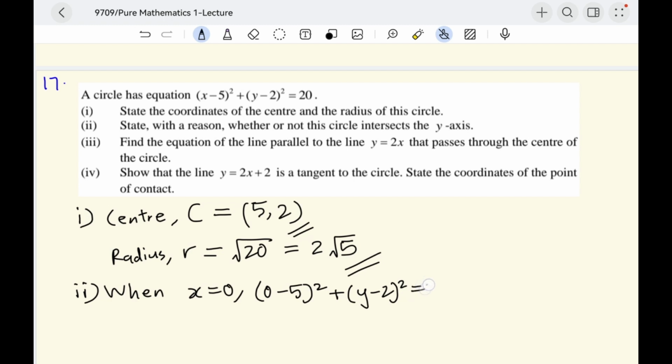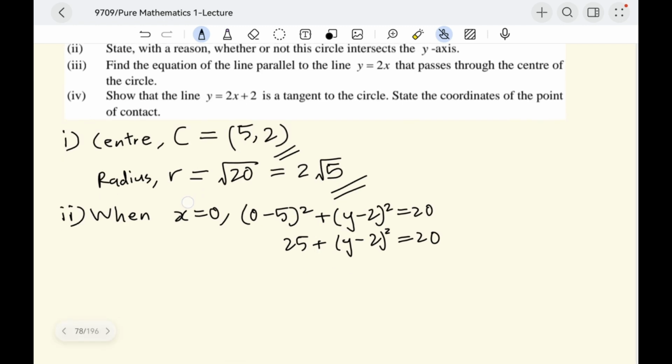Okay, there you go. And move the 25 to the other side. So we have (y - 2)² = -5. Until here, what will you observe? The square function is always positive for all real numbers.